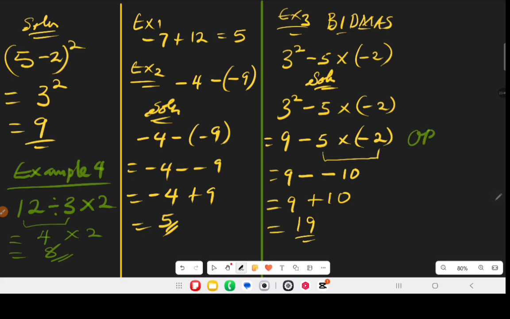Or you can say 3 raised to the power of 2 minus 5 times minus 2 in bracket is the same thing as we work out the power, which is 3 raised to the power of 2, which gives us 9. Now we have to multiply. 5, we take this operation minus sign, which is minus 5 times minus 2, which gives us plus 10. And when we add up, it gives us 19.